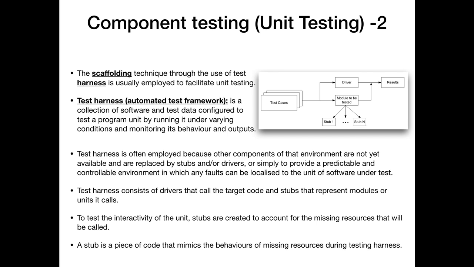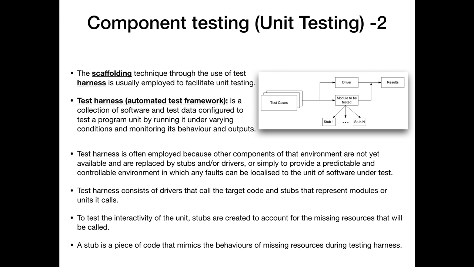But this piece of code cannot be tested because you need like 2-3 other modules to be connected to it, and then you can run this module. But these 3 other modules are not available to be connected to the module under test. So what to do here? You have to develop a stub. A stub is a small piece of code that just plays a fake role of the missing modules.